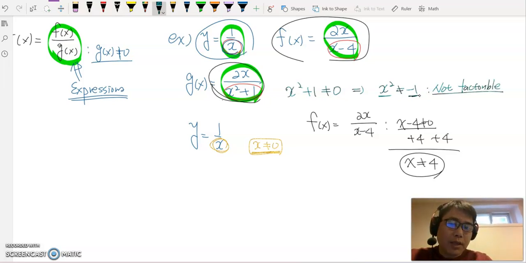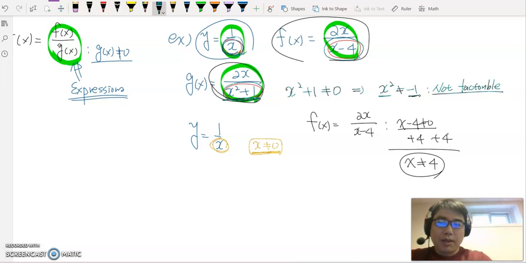Therefore, in this case, no limitation exists. Okay? So always like that. Solve for the denominator value for the variable, and then find out which one makes that equal to 0. So that's the key concept of analyzing the rational function.